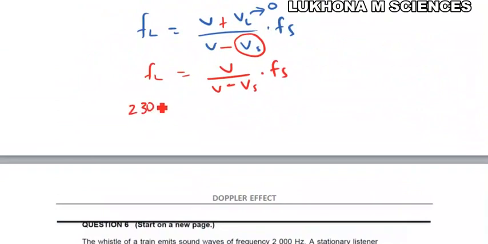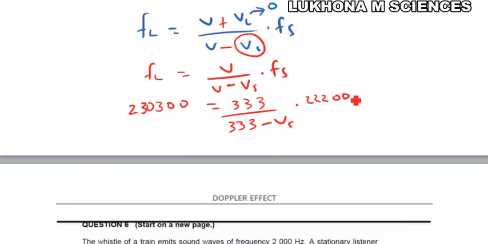Then we have here 300, which is equal to this. The velocity of sound in air was 333 divided by 333 minus Vs times 222,000. Now, what I do, I always divide by Fs both sides.